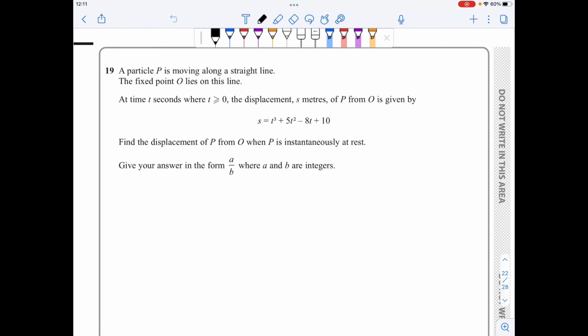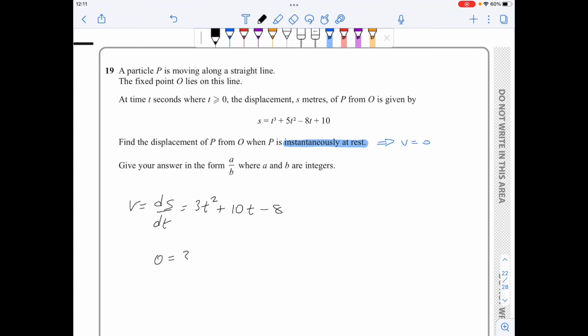For question 19, to find the velocity, I will need to differentiate. So ds/dt equals 3t squared plus 10t minus 8. And because I am at instantaneous rest, this means that the velocity is equal to 0.